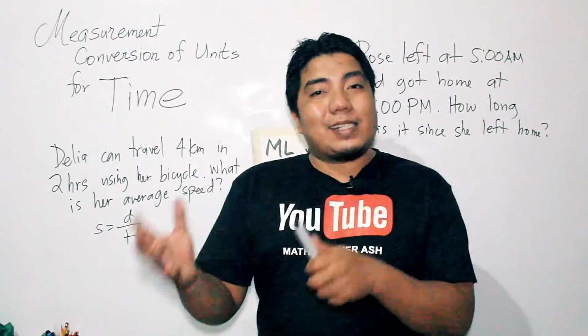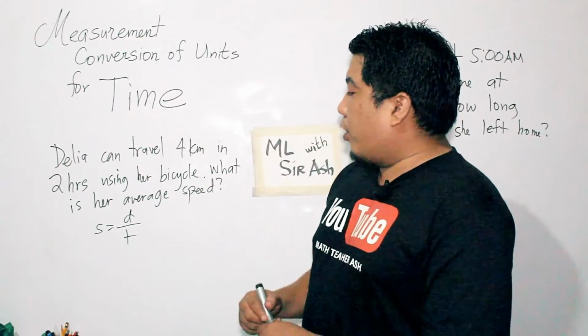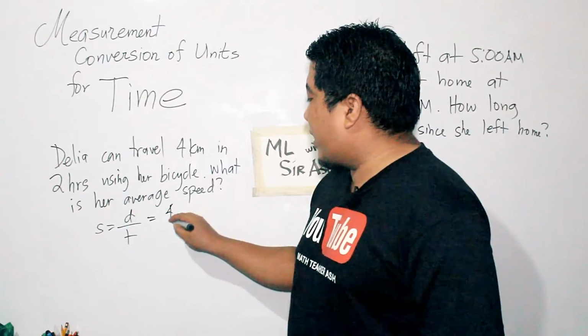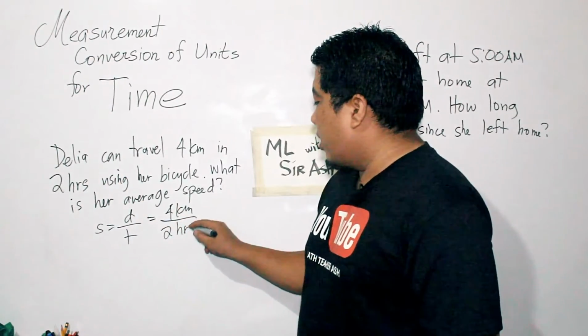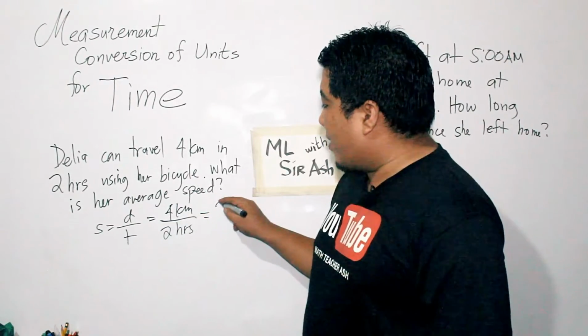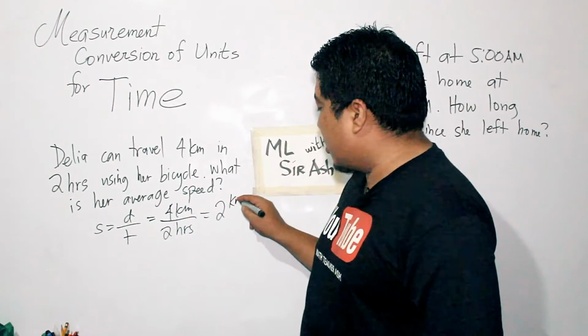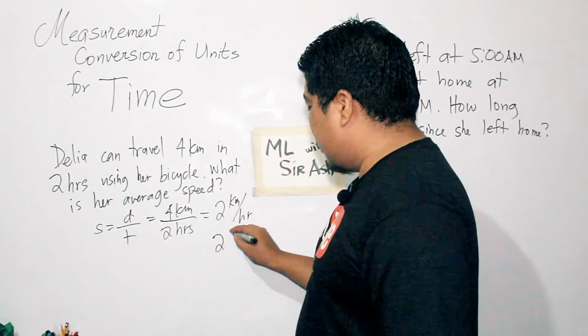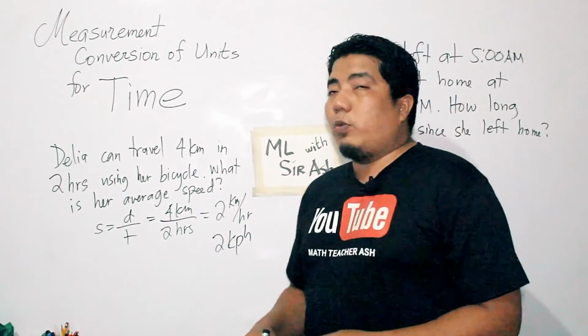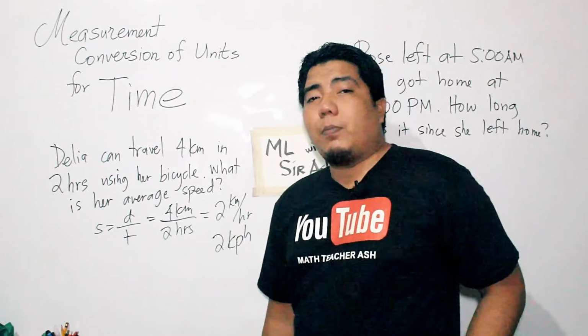If we divide distance to its time, therefore, we will just have 4 kilometers, which is the distance, and the time, which is 2 hours. So, if we divide that, we will have 2 kilometers per hour, or 2 kph. So, that will be our final answer for this given problem.